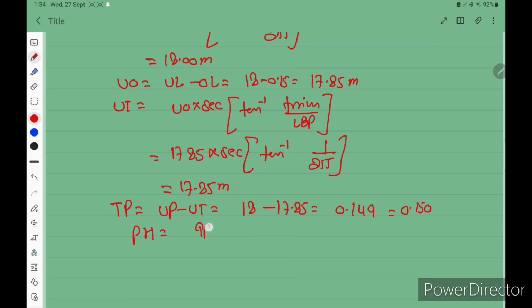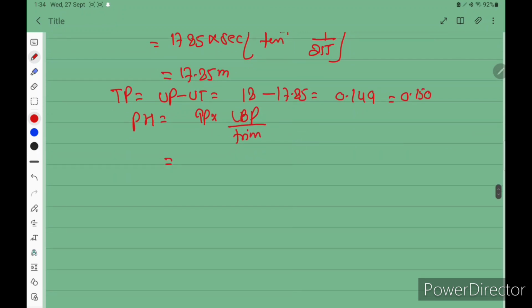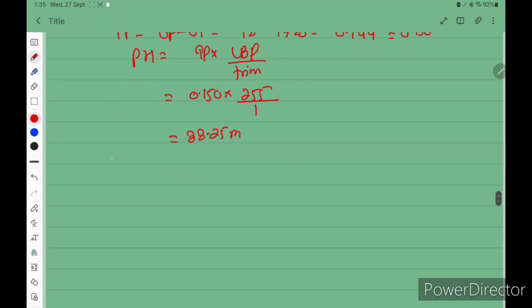PH is equal to TP into LBP by trim. Now TP is 0.150 into 255 divided by 1, so we get 38.25 meter. Now DH is equal to A plus PH, so A is 3 plus 38.25 is equal to 41.25 meter.